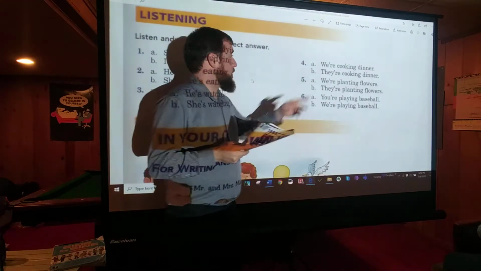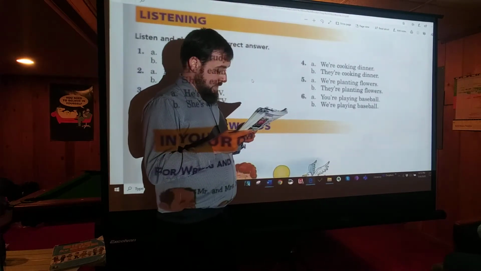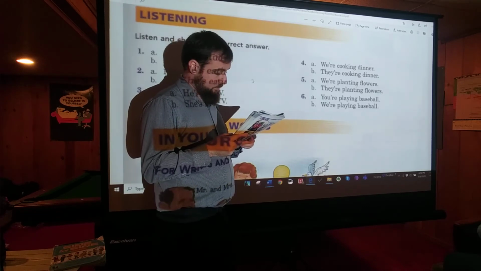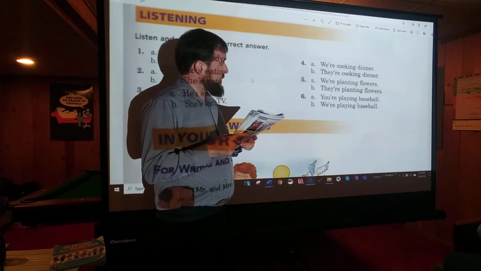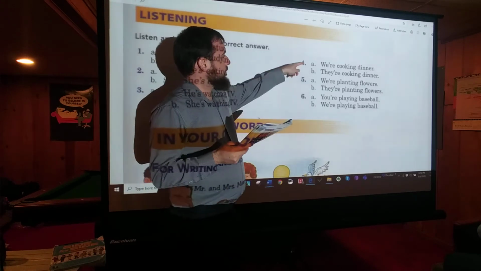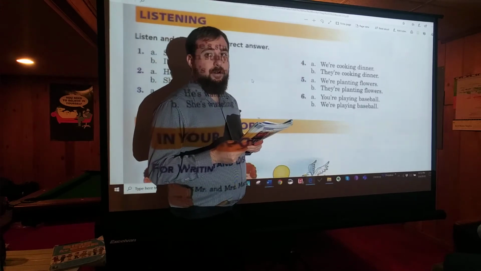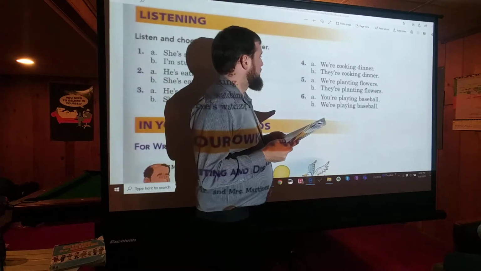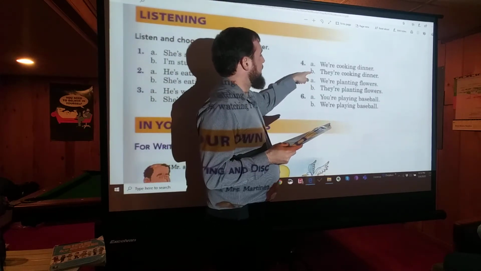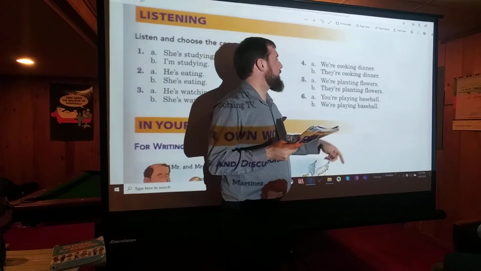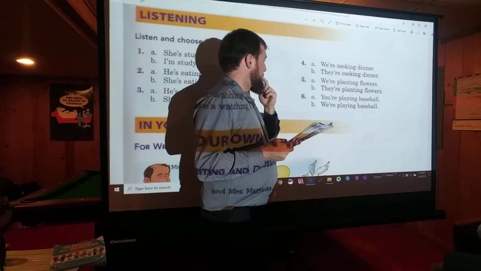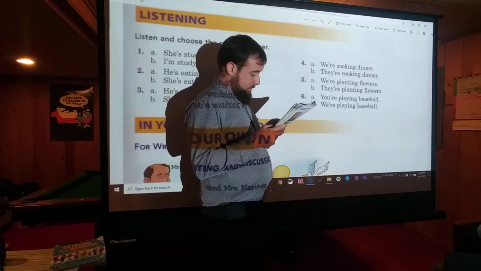Number 4. Okay. So listen and circle 1. Make sure you circle 1. What are Jim and Jane doing? B, they're cooking dinner. Jim and Jane are, they're. Number 5.